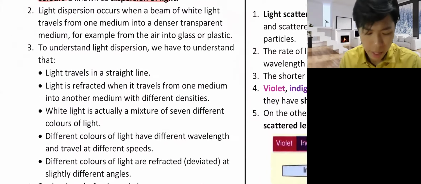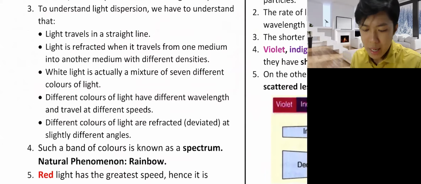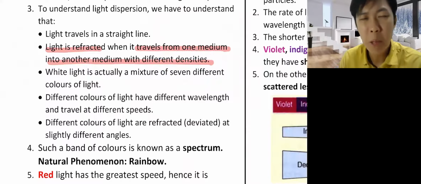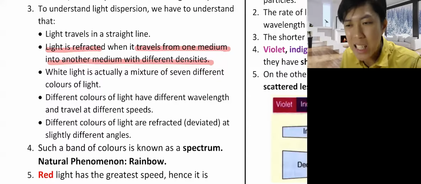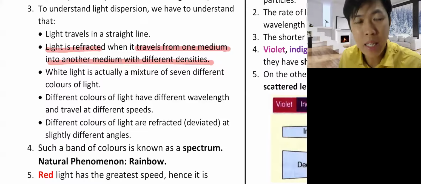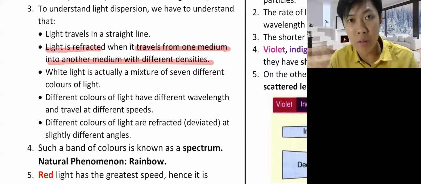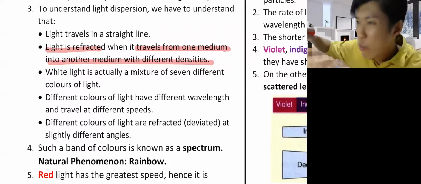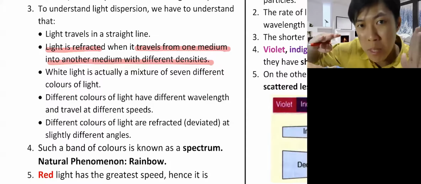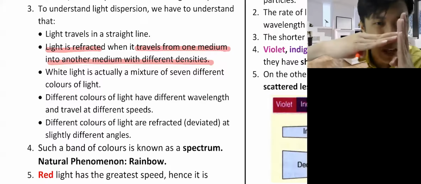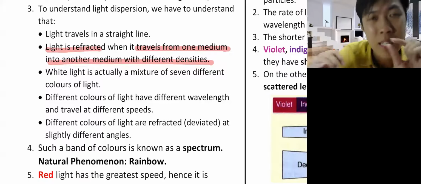Why separate? Because when light travels from one medium to another medium with different density, like air to glass, the speed of light will slow down. Imagine from air, not much disturbance, nothing blocks you, suddenly there is glass, the light will slow down slightly.